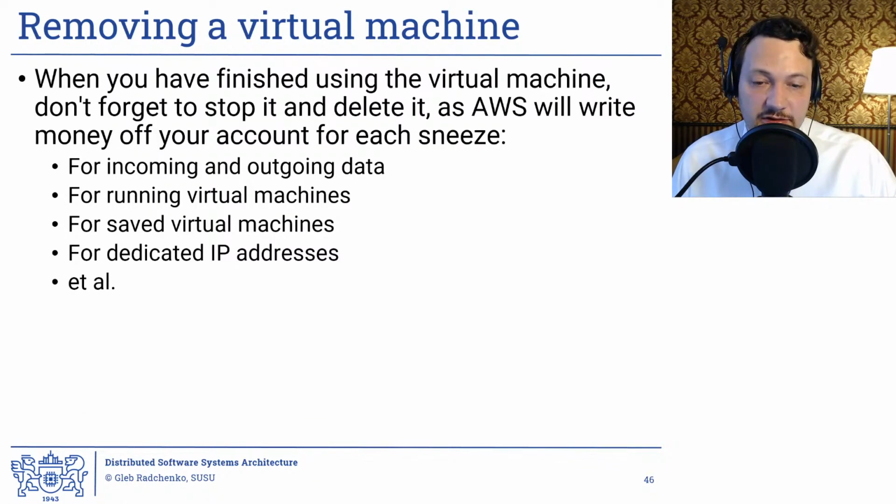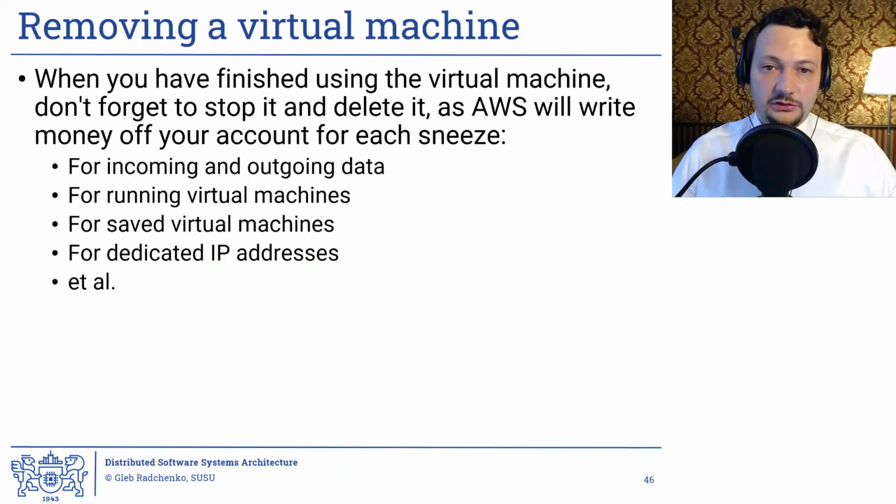In the end, I need to emphasize that after you created your virtual machine, you need to understand that if it is running, you're paying your credits for it. If you're using your educational account, then you're paying your virtual credits. And if you're using your real account, then you would pay with your own money.